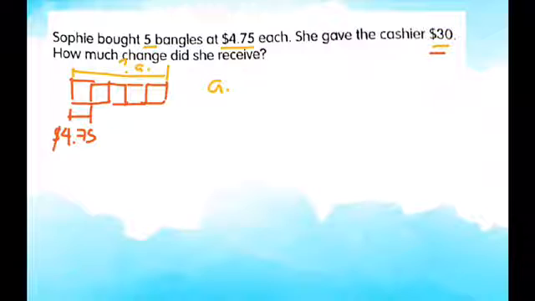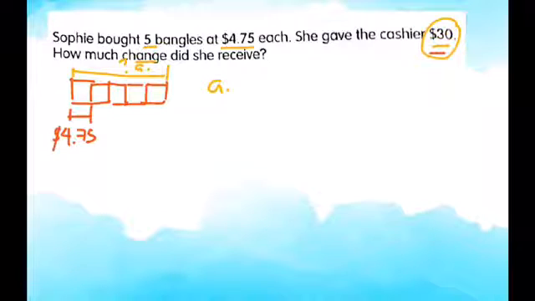For step 3, what do we need to find in the story? The story is asking how much change did she receive. She gave the cashier $30, and we need to find out first the total cost of 5 bangles, and after that we are going to subtract to get the change.